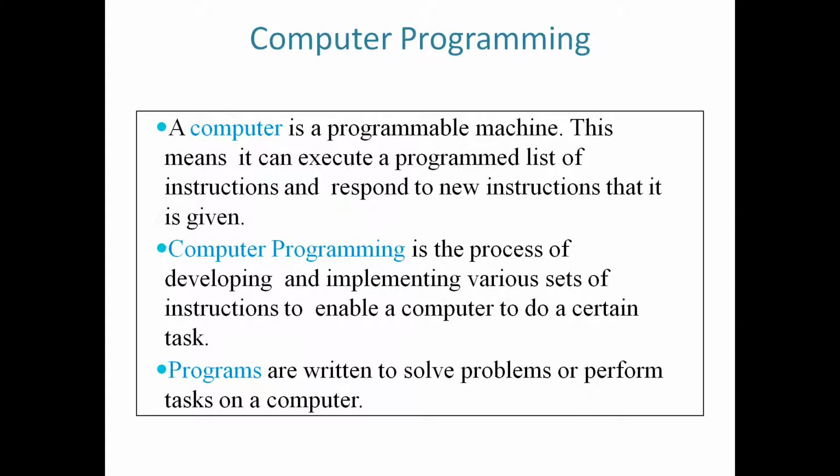For example, if I give instructions to student A, student A is given 5 instructions, 1, 2, 3, 4, 5. Student A is going to perform all of those instructions in sequence. First, instruction 1 is executed by student A, then instruction 2, then 3, then 4, then 5. In the same way in computer programming, the computer is given instructions and it implements those sets of instructions sequentially.